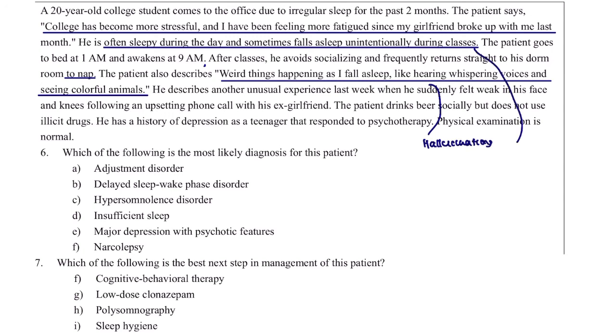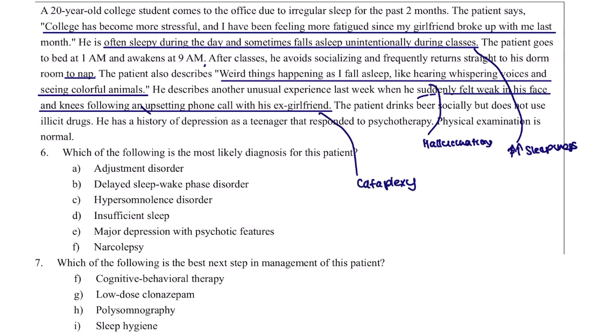Then there's excess sleepiness. He describes another unusual experience when he suddenly felt weak in his face and knees following a stressor, an upsetting phone call with his girlfriend. Cataplexy.